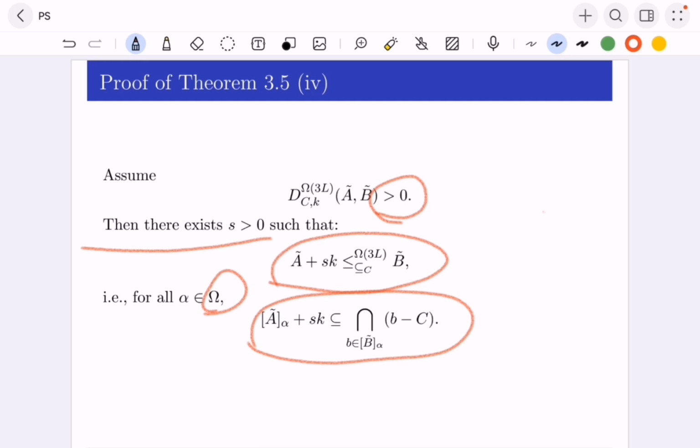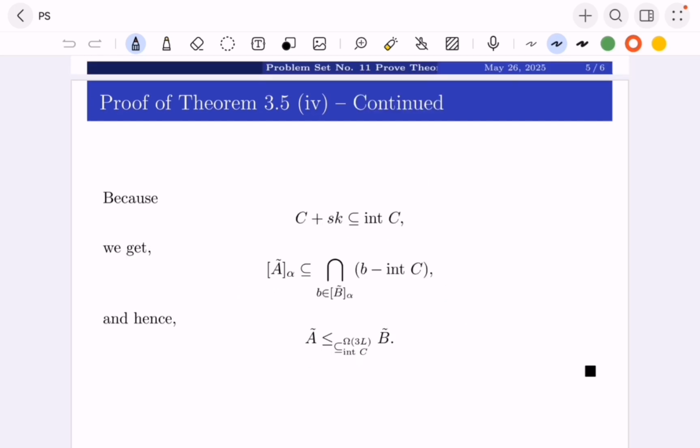After shifting the alpha level cuts of the fuzzy set A upward by SK, the entire set must lie inside the intersection of all the cones that open downward from each point b in the alpha level cut of the fuzzy set B. So this means that each point of the shifted alpha level cuts of fuzzy set A must be less than or equal to b, small b, in the alpha level cuts of the fuzzy set B in the cone order.